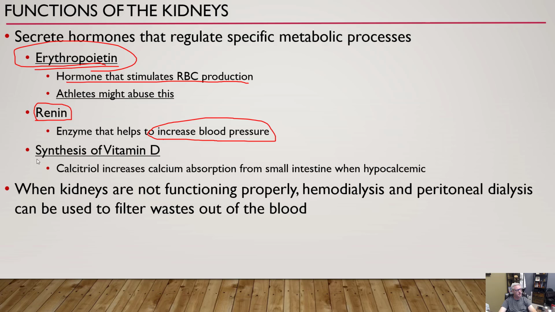Synthesis of vitamin D. Remember that active form of vitamin D, calcitriol. We talked about that in the digestive system. Basically, that calcitriol increases calcium absorption from the small intestine. So if you're going to be on calcium supplements, chances are you're going to be on vitamin D supplements as well, because you're going to need that vitamin D to help that calcium get absorbed from the small intestine.